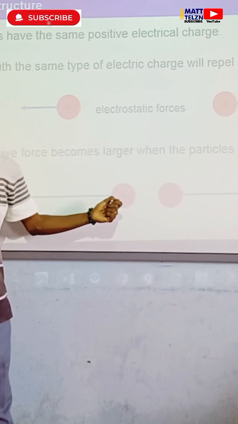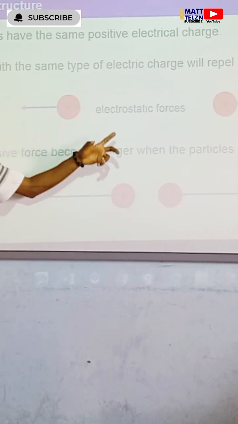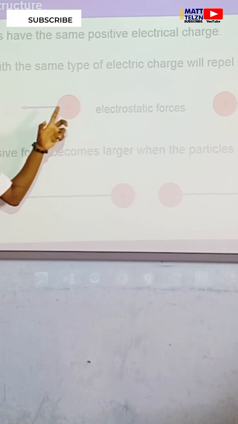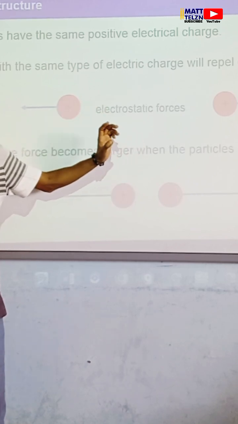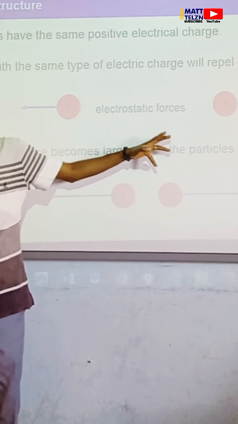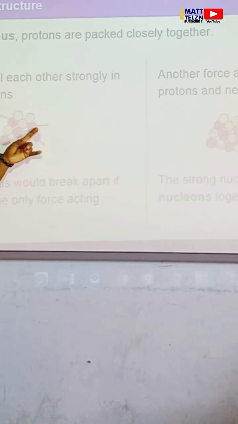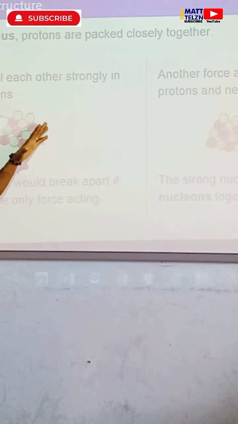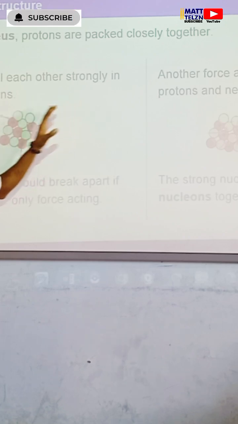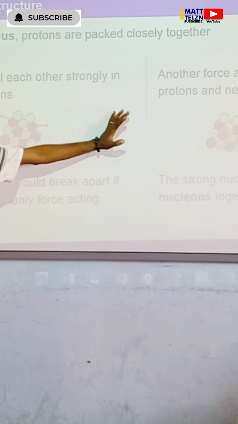Is that clear? Okay, that simply means that they tend to push each other apart in the nucleus of an atom. If it was the only electrostatic force acting, the nucleus would break apart.